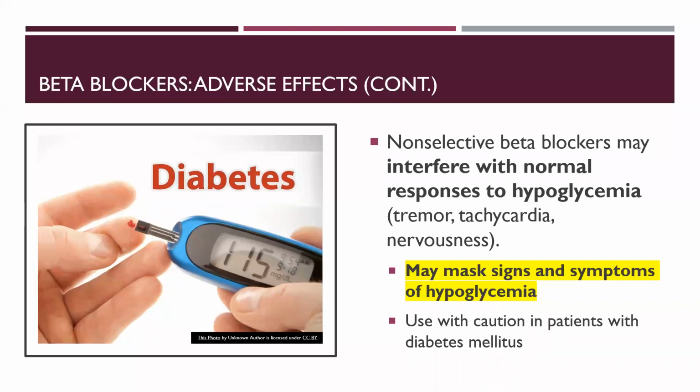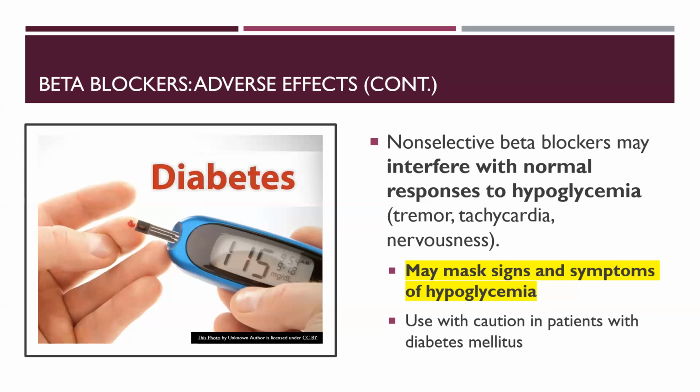So, our beta blockers' adverse effects. Non-selective beta blockers may interfere with normal responses to hypoglycemia. It may make it so the patient does not show those tremors, tachycardia, or nervousness, so it's going to mask signs and symptoms of hypoglycemia. If you remember, those beta 2 receptors affected the liver and its ability to do glycolysis.